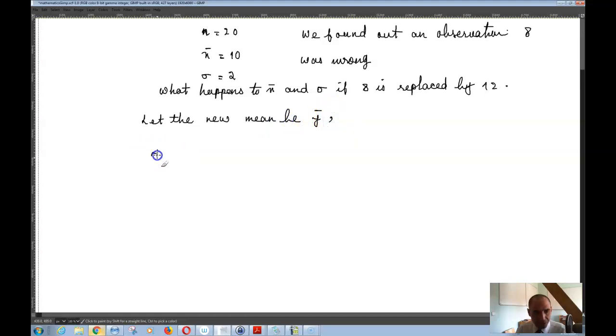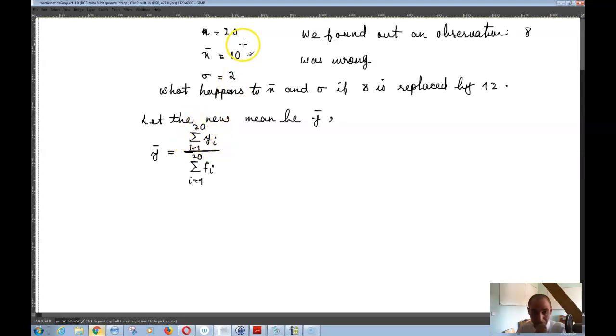Then y bar is going to be equal to sigma of y of i as i goes from 1 to 20, over sigma of f of i as i goes from 1 to 20. Now sigma of f of i, we already have. Sigma of y of i, we don't have, and we need to calculate it.